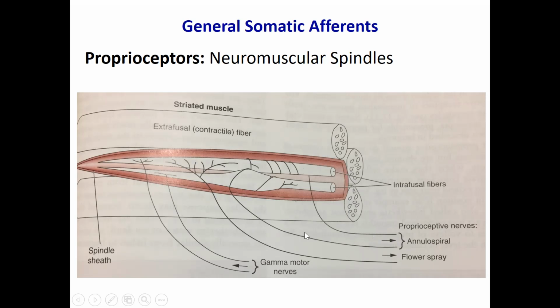So these are the proprioceptive, sensory afferents of the neuromuscular spindle. The spindle also has motor control, provided through the gamma motor neurons.